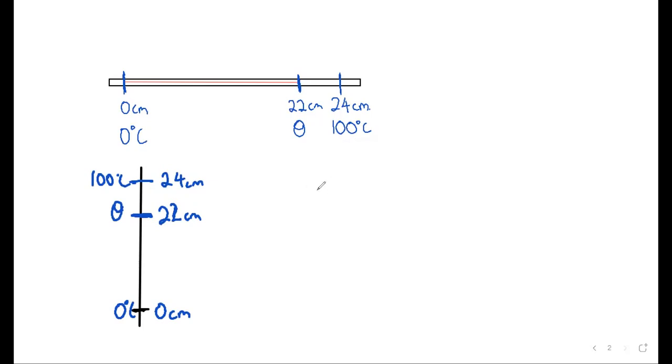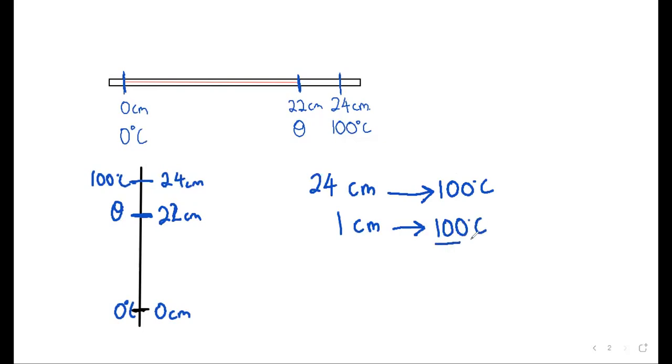So what we do here, we take 24 centimeter length of expansion of the mercury equal to 100 degrees Celsius change in temperature. So every 1 centimeter expansion of mercury is equivalent to 100 over 24.